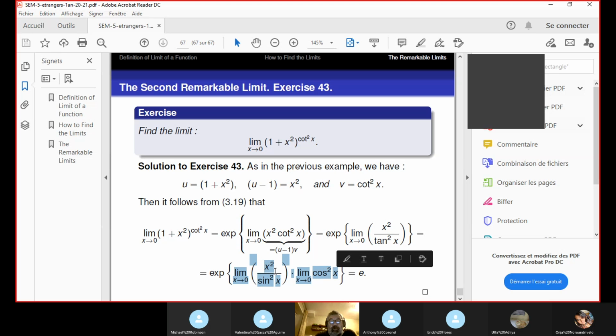And knowing the first remarkable limit, here we have 1, and as for the cosine square of x, as x goes to 0, we have also 1, that is, the answer will be e. Is it clear?